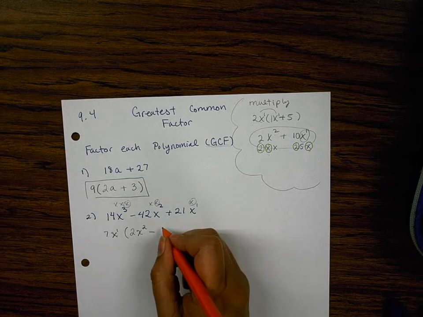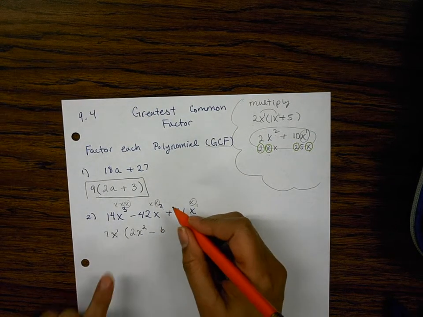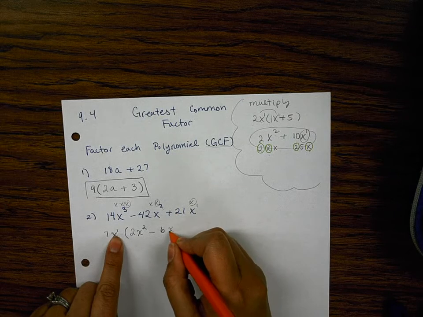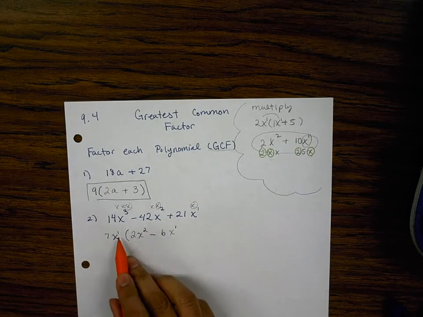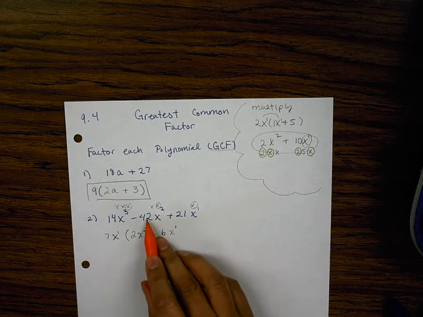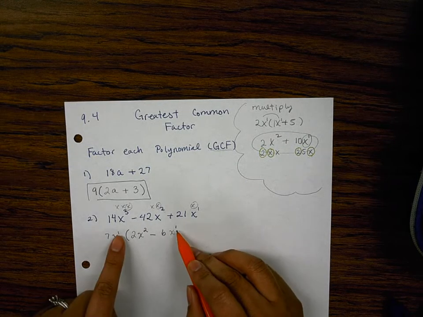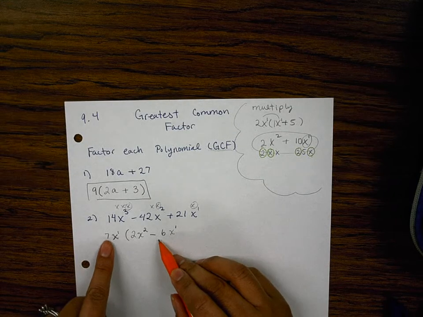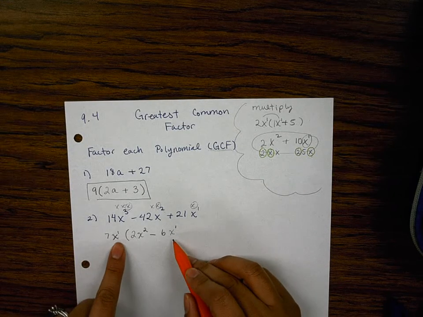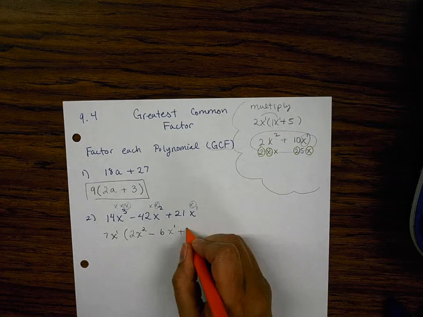Okay, minus 7 times what is 42? 6. Now I want an x squared. I have an x to the 1, so x to the first power because 1 plus 1 is the 2. 7 times negative 6 is 42. X times x is x squared because you add the exponents. Multiply the coefficients, add the exponents.